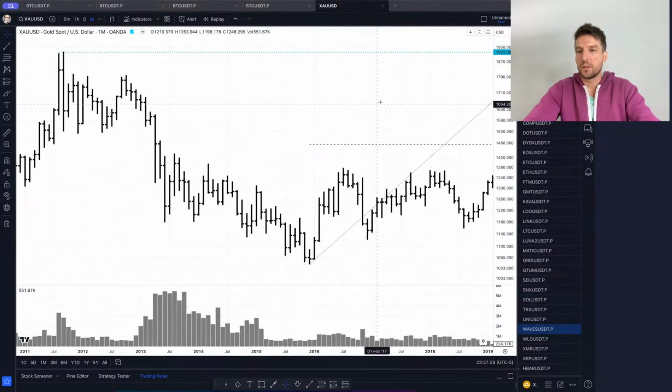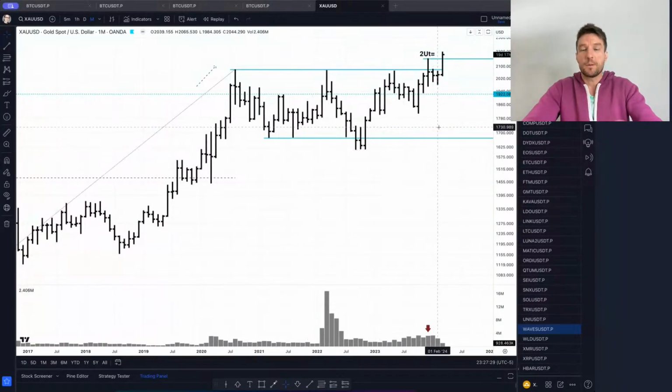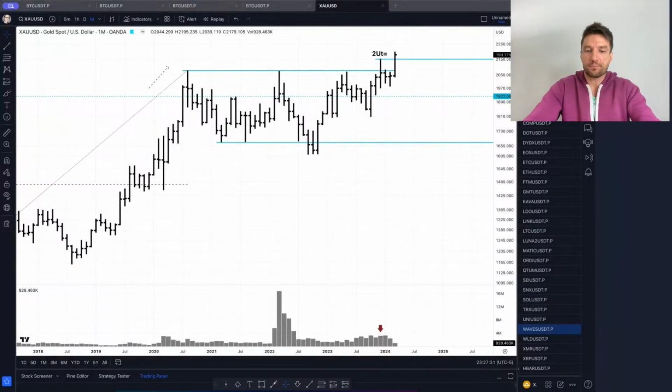Strong market movements. Maybe it tries to break out of the balance now. It did an upthrust, a bullish trap in December.